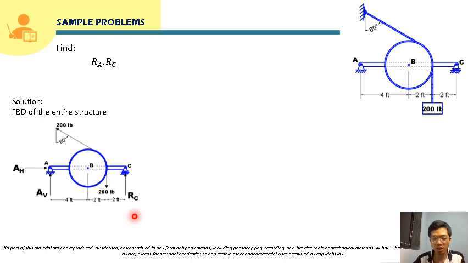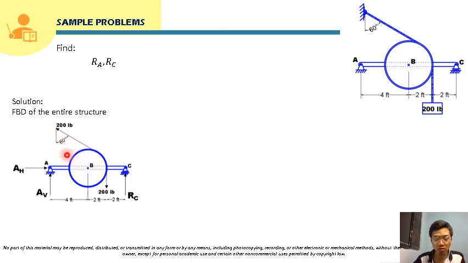But the problem here is if we use the moment equation, it will be difficult to solve for the moment arm of this 200-pound force about point A. It has no given perpendicular distance from point A to the 200-pound force.